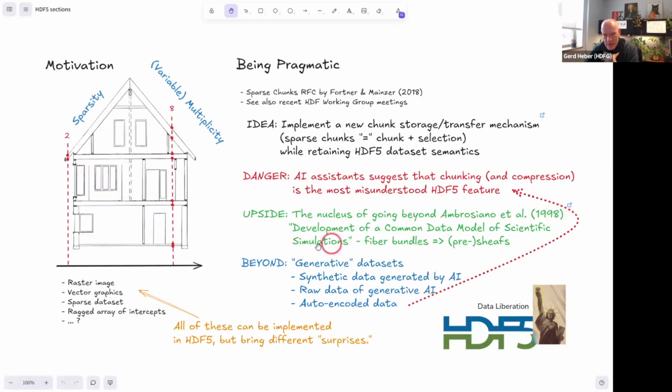Now, looking into the present, can we see? It would be interesting, perhaps, to write a similar paper where one would discuss, because scientific simulations probably haven't changed dramatically.